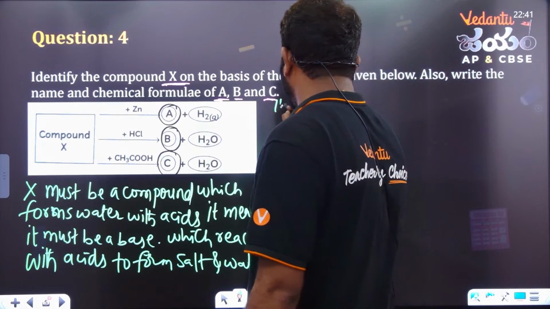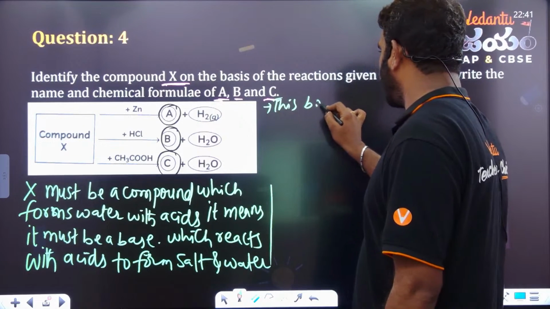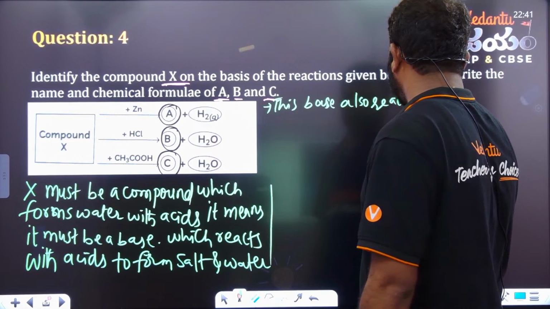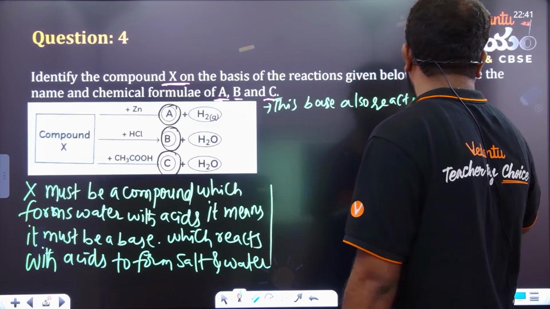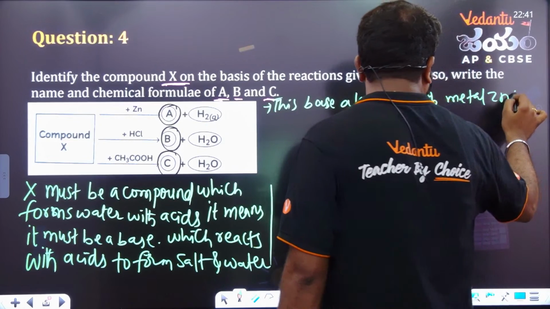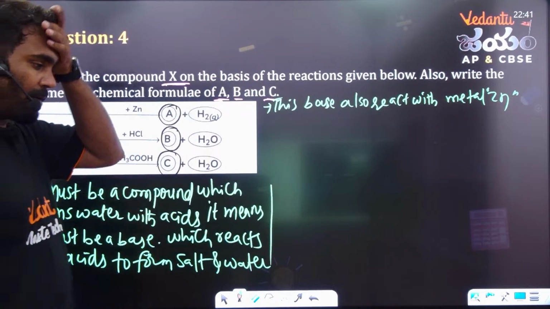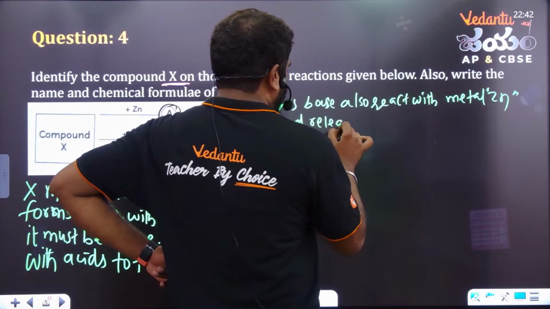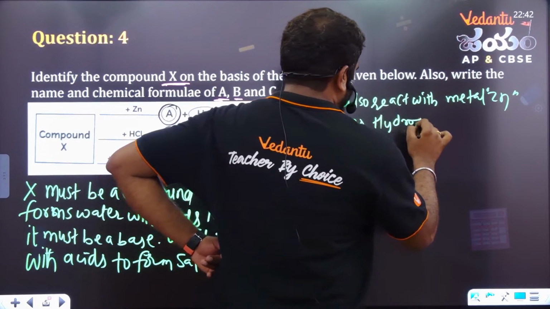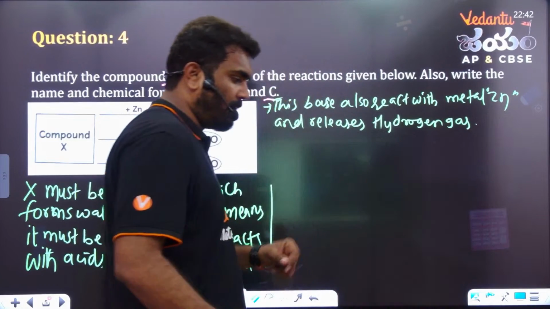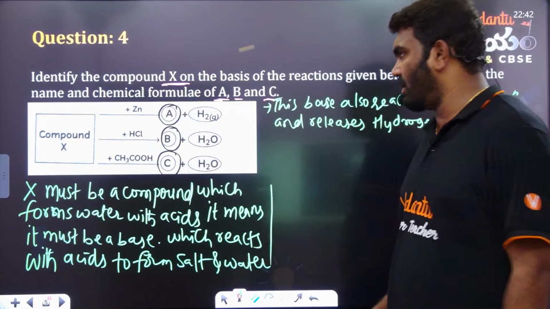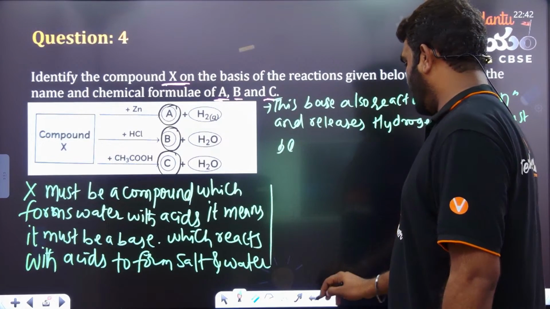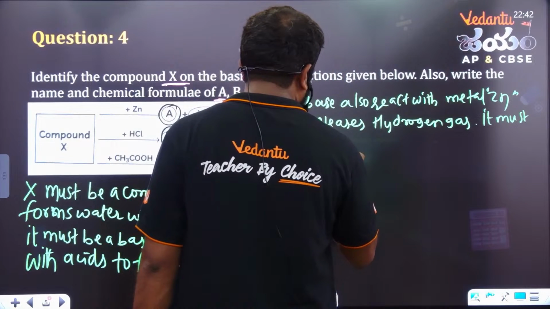Reacting with zinc, it releases hydrogen gas. Normally we know only strong bases can react with the compound like this. So it must be sodium hydroxide.